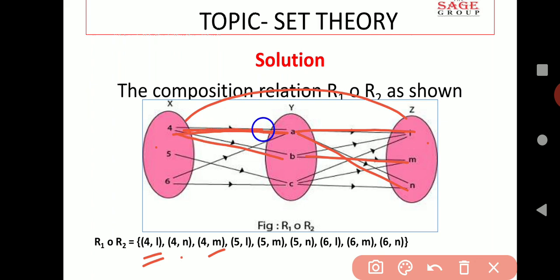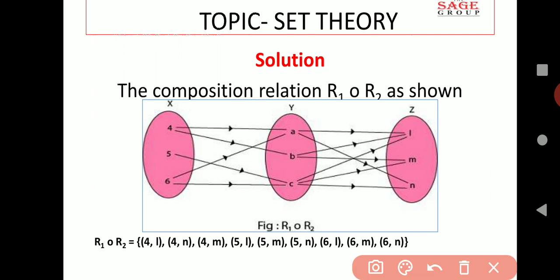So we have (4, a) and (a, n), so we have (4, n). Now with 5, (5, c) and (c, l), so we have (5, l). Then (5, c) and (c, m), so this is (5, m). Now (5, c) and (c, n), so we have (5, n).